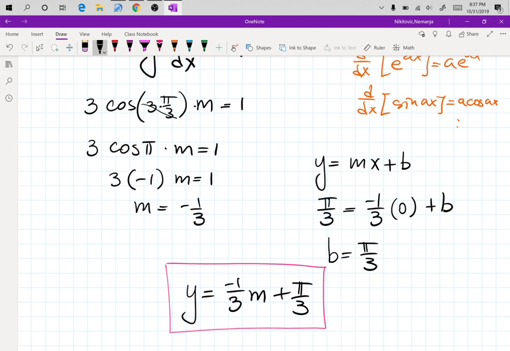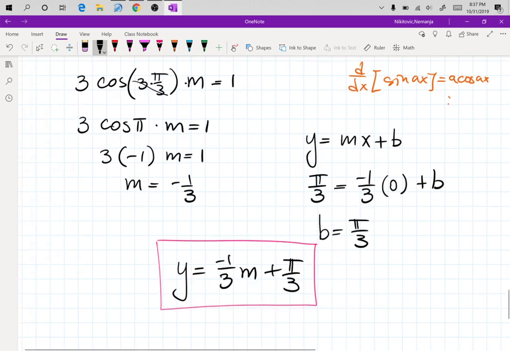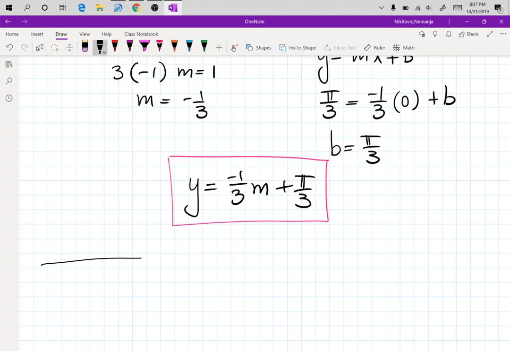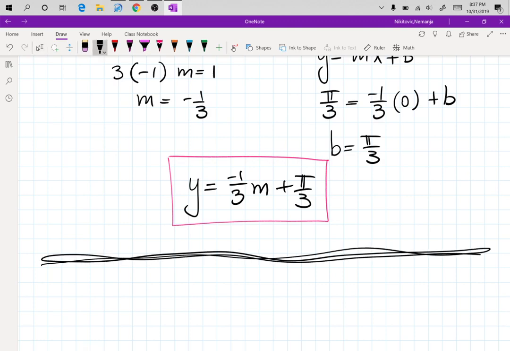Any other questions? That was a good tangent line problem. y equals x minus 23 over square root of x minus square root of 23.